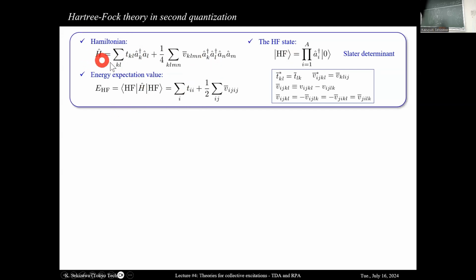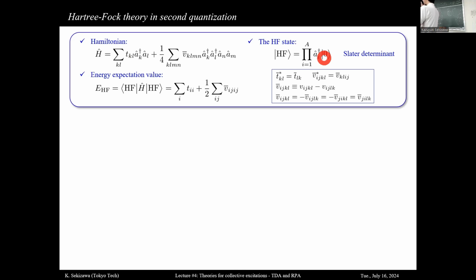So the Hamiltonian is the usual generic one-body and two-body Hamiltonian in second quantization form. And the Hartree-Fock state is a Slater determinant, but it can be expressed as a product of creation operators. You can see that, because of the fermionic character of the creation operators, if you create a particle in the same state, it will be zero.